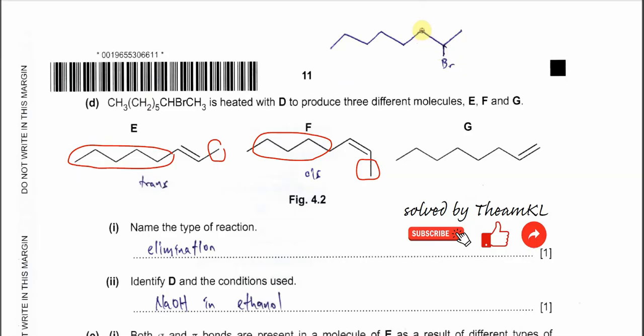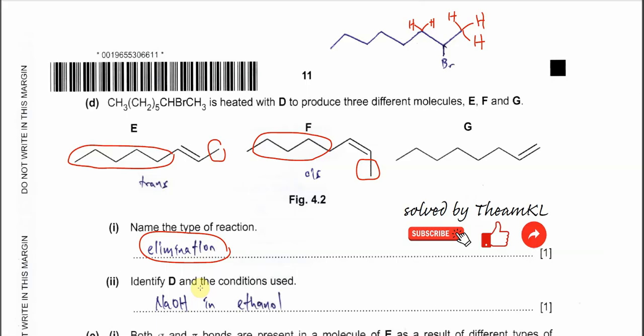So this one has two hydrogens here, and of course here there will be three hydrogens. So one of the hydrogens will be removed and it will form this E, F, G. So obviously this is elimination because the hydrogen and bromine are eliminated, right?